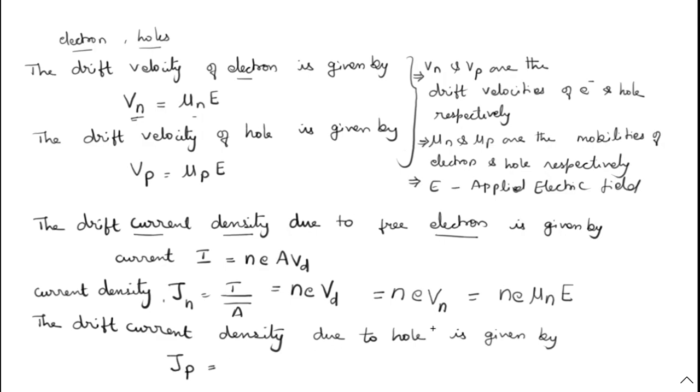Jp is equal to, instead of N, I am going to write P e mu p into E. Can you understand this? So this is Jn and this is Jp, that is current density due to electron and current density due to hole. Now I am going to combine both to get the drift current density.